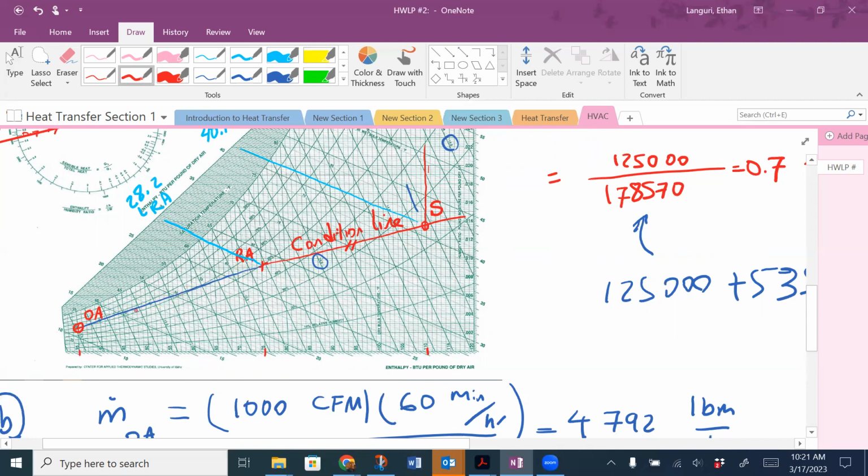So now I need to use a ruler to measure this line, and 68% from the outdoor air is around here. So let's assume this is my mixing.